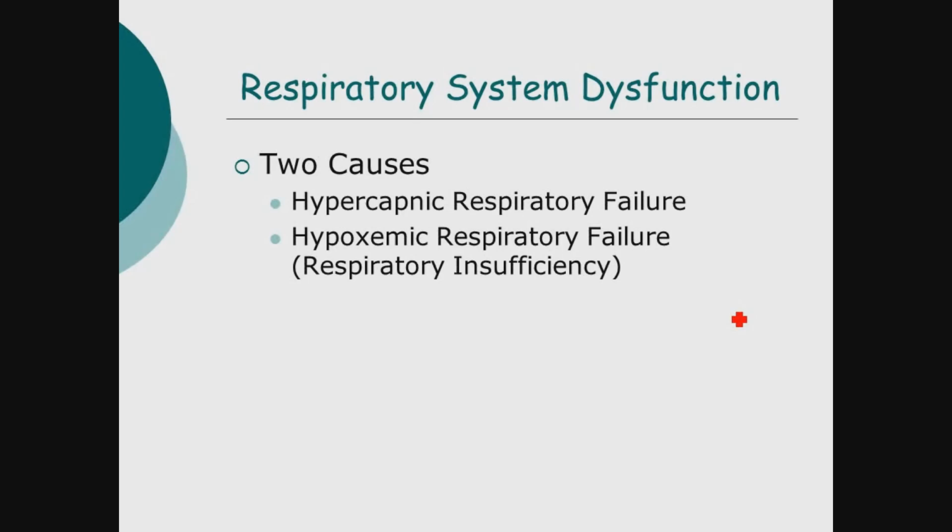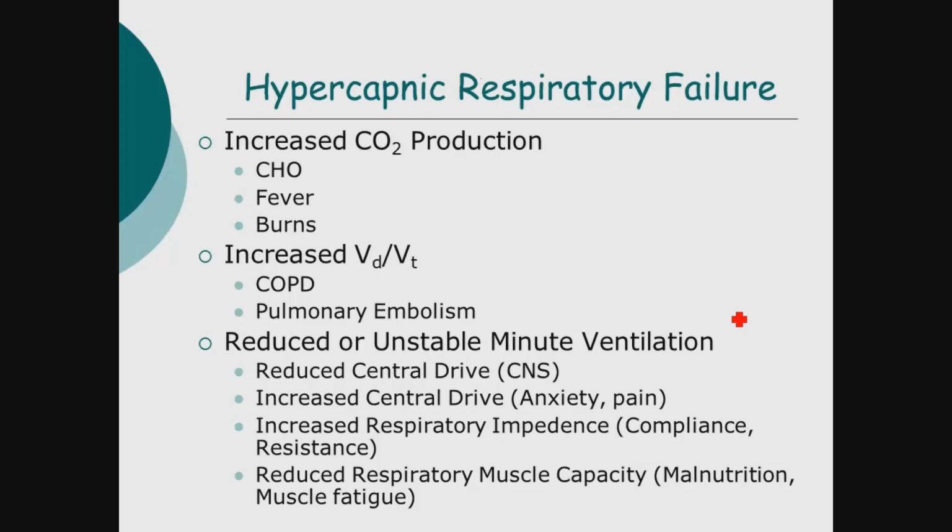We know about respiratory system dysfunction, type 1, type 2 failure. Hypercapnia, we don't think about this a lot, but normally we think of just problems with ventilatory drive or high resistance, low compliance as being the problem. But there also is the fact that you could have an increase in dead space to tidal volume ratio, like you might see in a patient who had developed a pulmonary embolism.